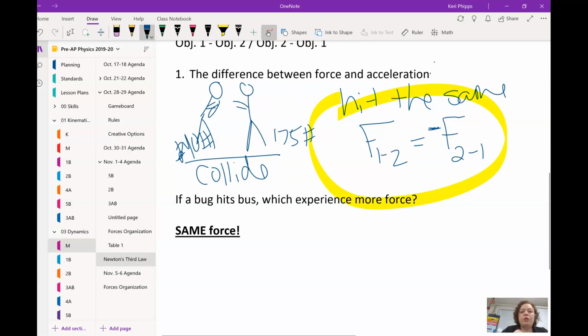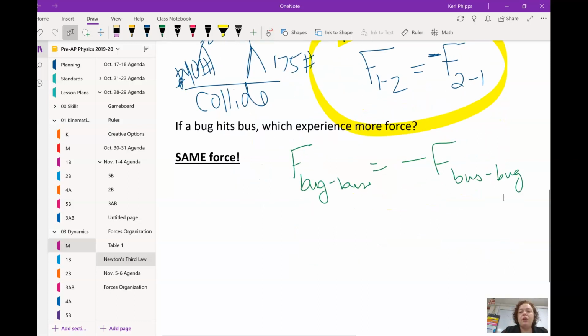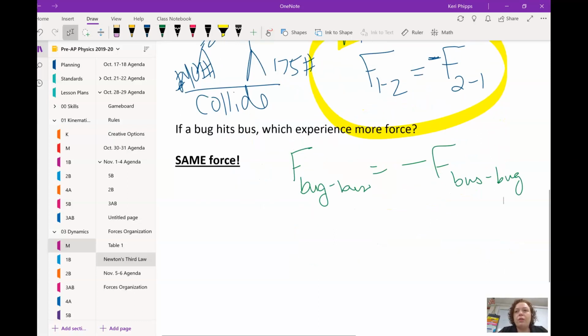What we've got here is the force of the bug on the bus is equal to the negative force of the bus on the bug. The forces are the same, so what's different? We know that force is mass times acceleration.